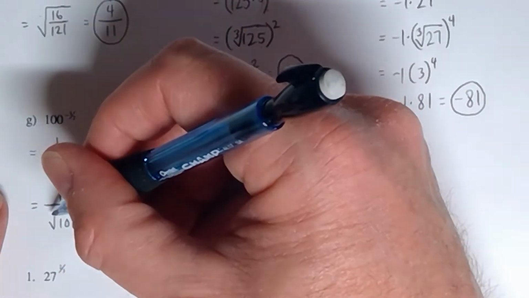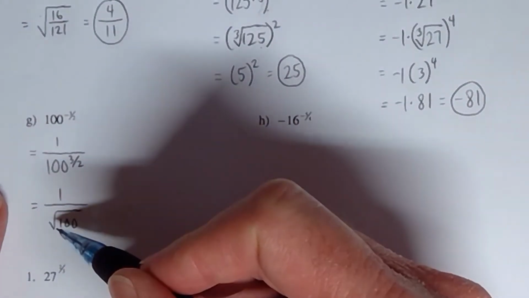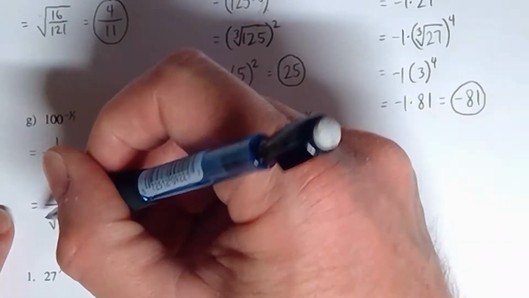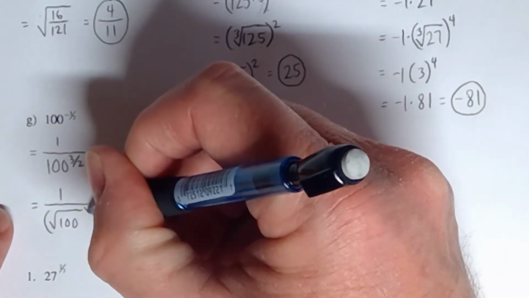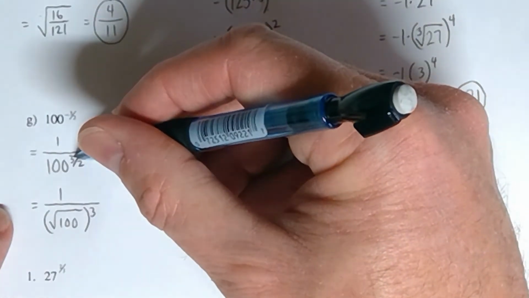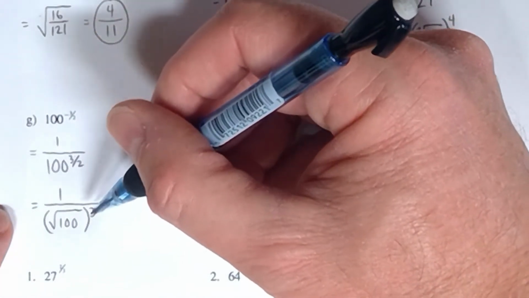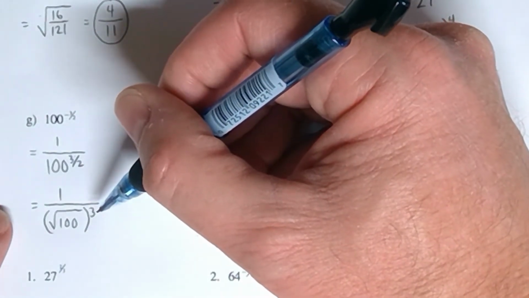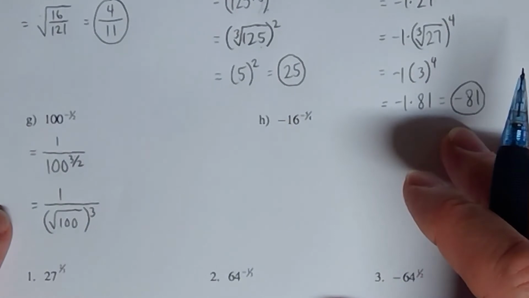And then the 2 tells us that this is a square root. You don't have to write the little 2 there when it's a square root. It's automatically implied that there's an invisible 2 there. But then the 3, since it's the numerator of the fraction exponent, goes on the outside of the bracket like that. And now I have it in radical notation.